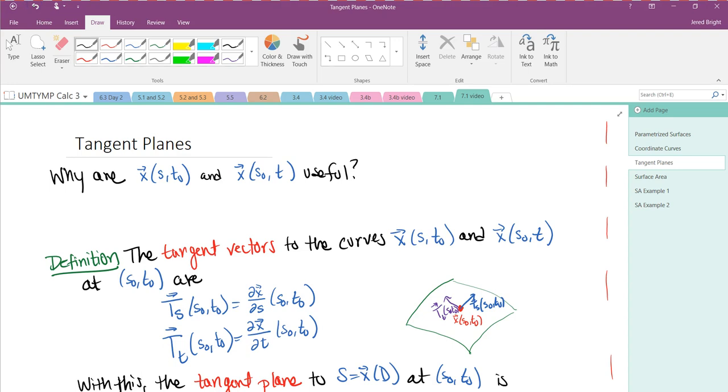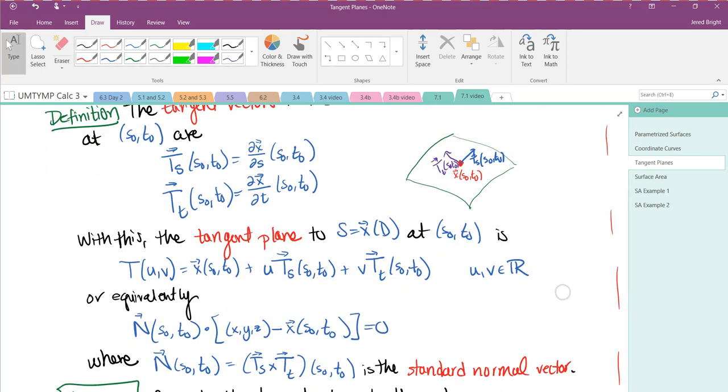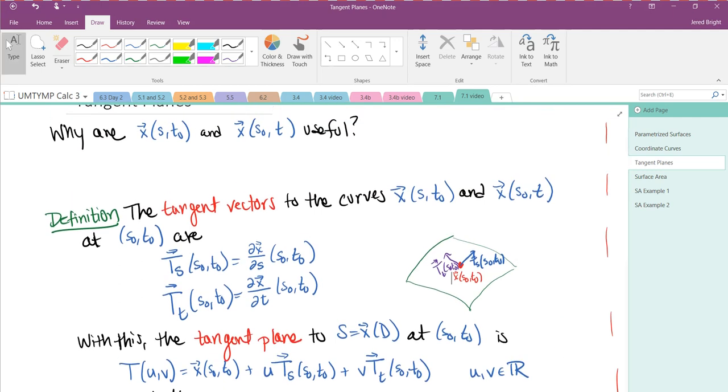Alright, there we go. With these two tangent vectors that span the tangent plane, we can write our tangent plane in parametrized form. So you'll notice that we have our point, this is our first parameter, then our first spanning vector, then our second parameter, and then our second spanning vector.